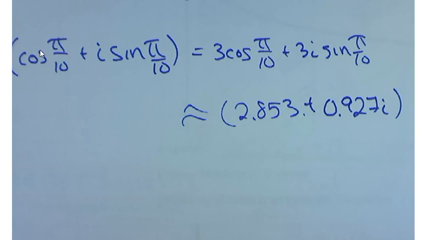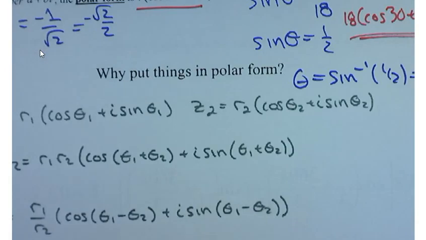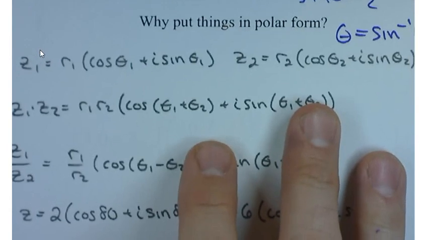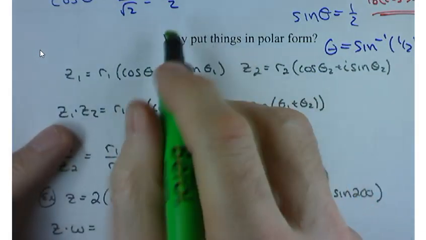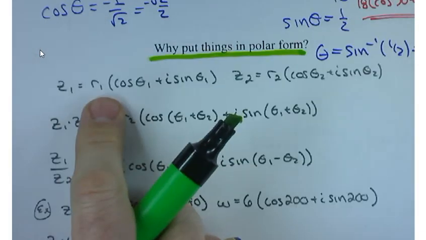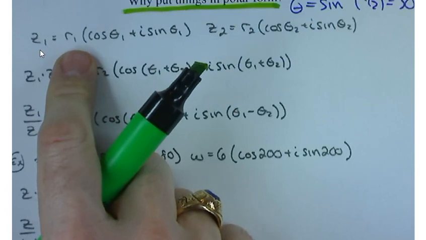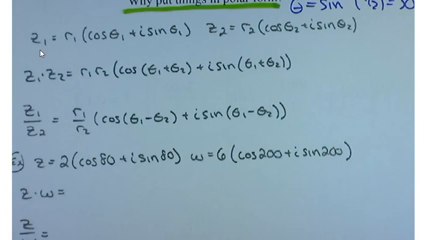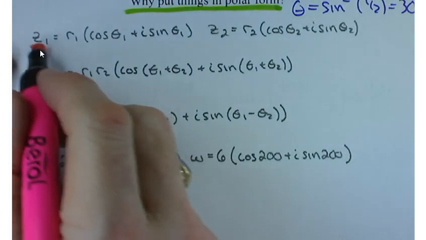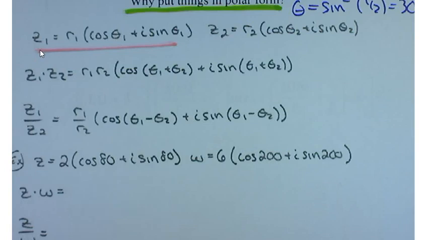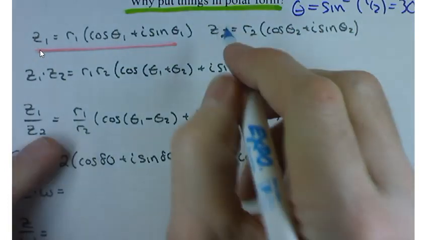Now, part of the beauty of this kind of thing is right down here. So, good question. Why put things in polar form? Well, one of the things you can do quite easily when things are in polar form is multiply numbers. So I've got two numbers in polar form, one here and one here.